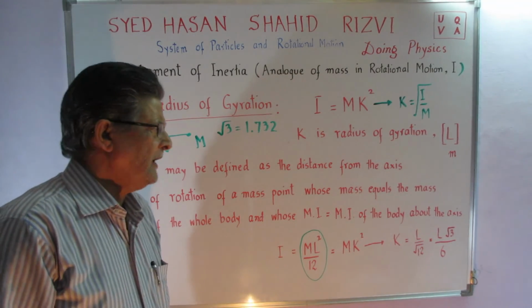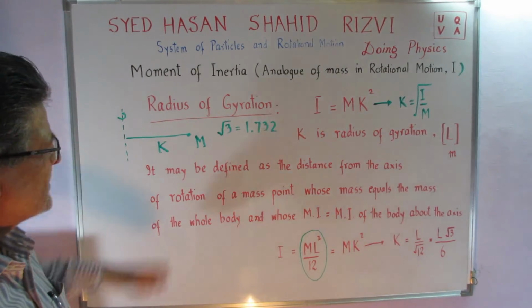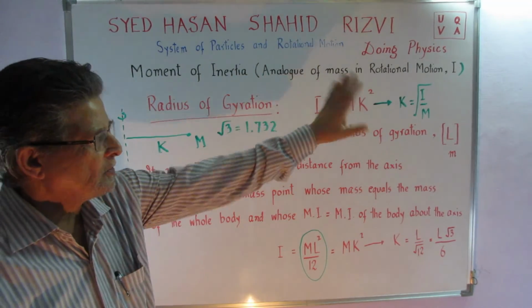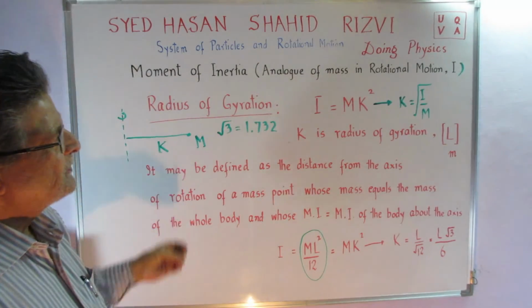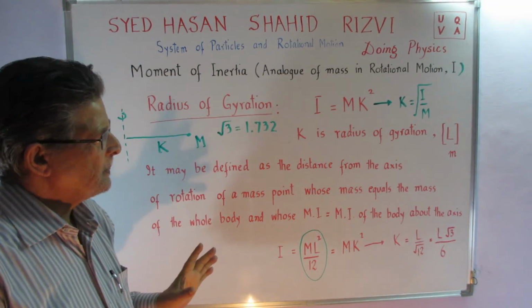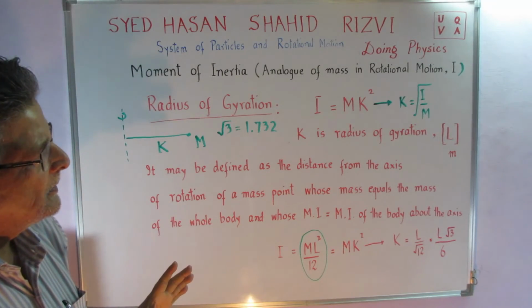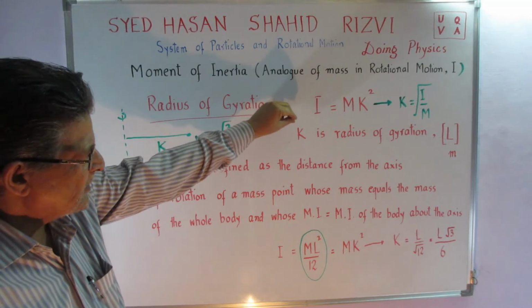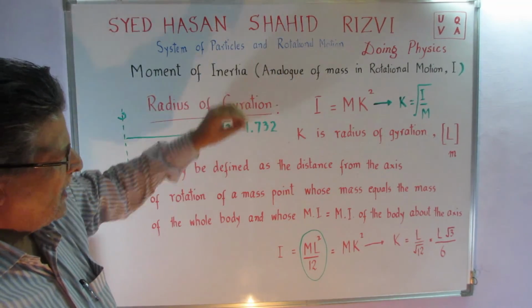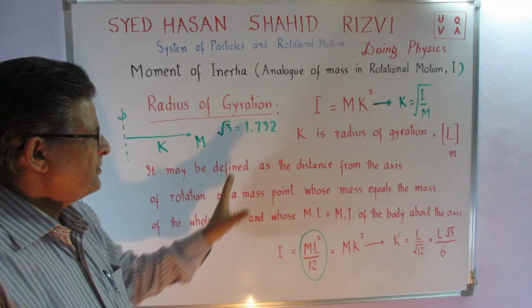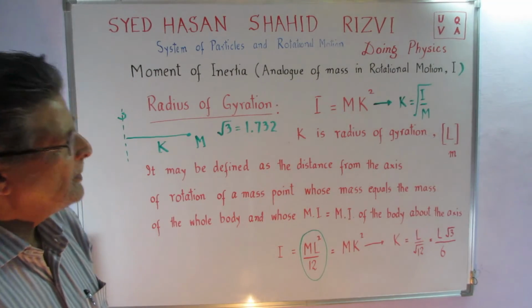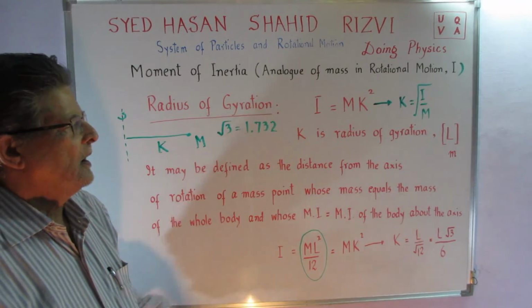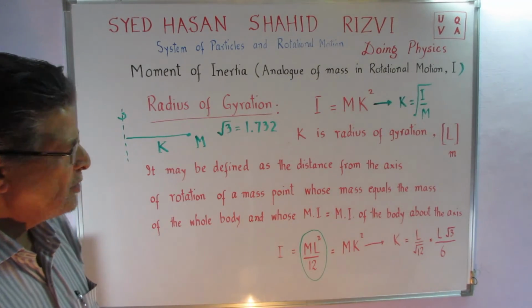So what we have done today is nothing much. Moment of inertia has been defined. It has been taken as the analog of mass in rotational motion. I have defined it from the concepts of kinetic energy. So I can write many things if we know the omega value, and the kinetic energy of the system is half I omega square.